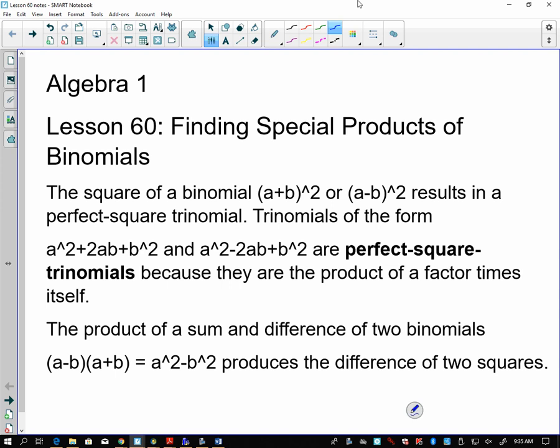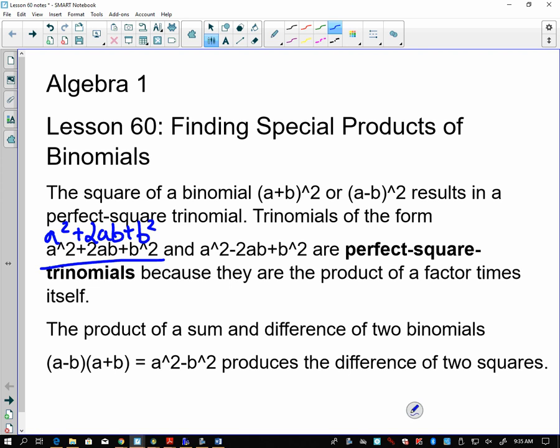Does that make sense? Or the subtraction of that, so something like x minus 3 squared, results in what we call a perfect square trinomial. Trinomials are the form that look like this, except better written, so something like a squared plus 2ab plus b squared. Really, a lot of this is about patterns and noticing patterns.